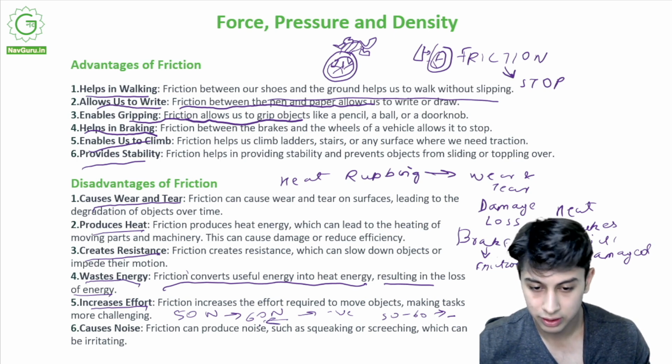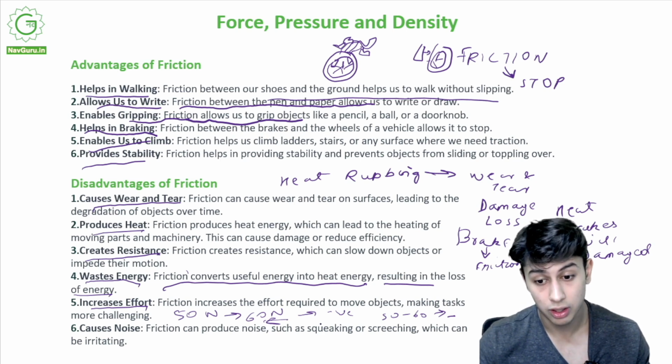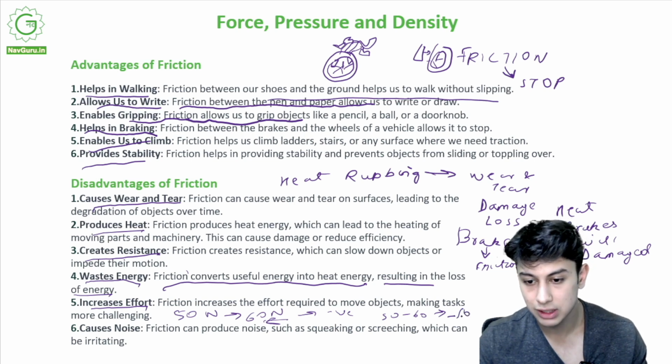If friction is more, the force coming from the opposite direction is more, and I will be overcome by that force. It will be minus 10.